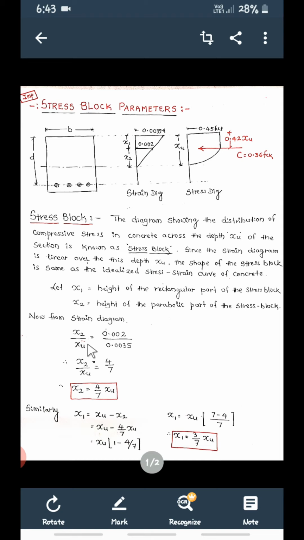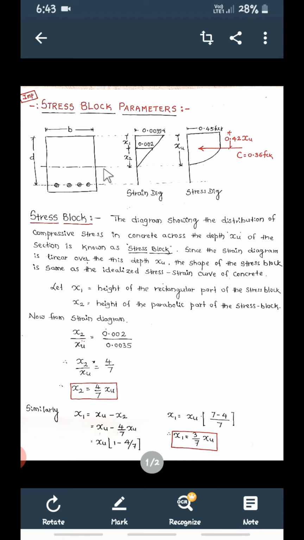So x2 upon xu is equal to 4 by 7. Therefore x2 is equal to 4 by 7 times xu.